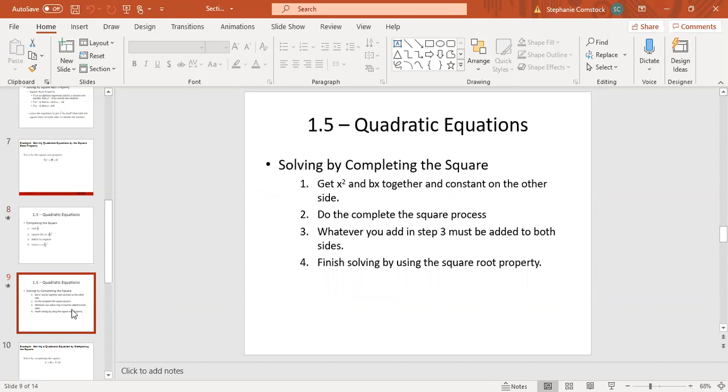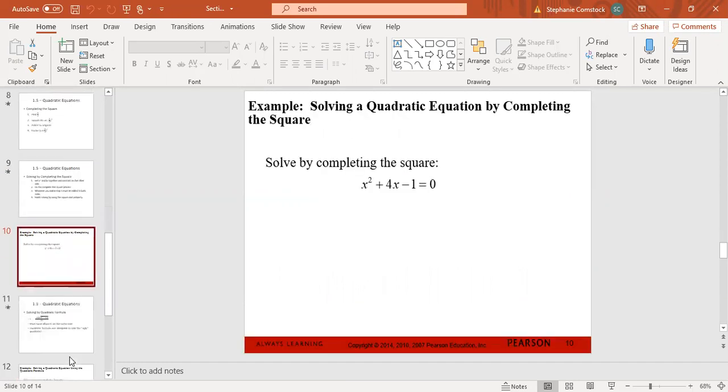And I'll show you what that looks like when we actually do the problem. And then to solve it, because now we have something squared, I can now use a square root method, like what we talked about in one of my previous videos. So let me go ahead and put our problem up here, get it transferred. And then I'm going to show you what this looks like, okay?